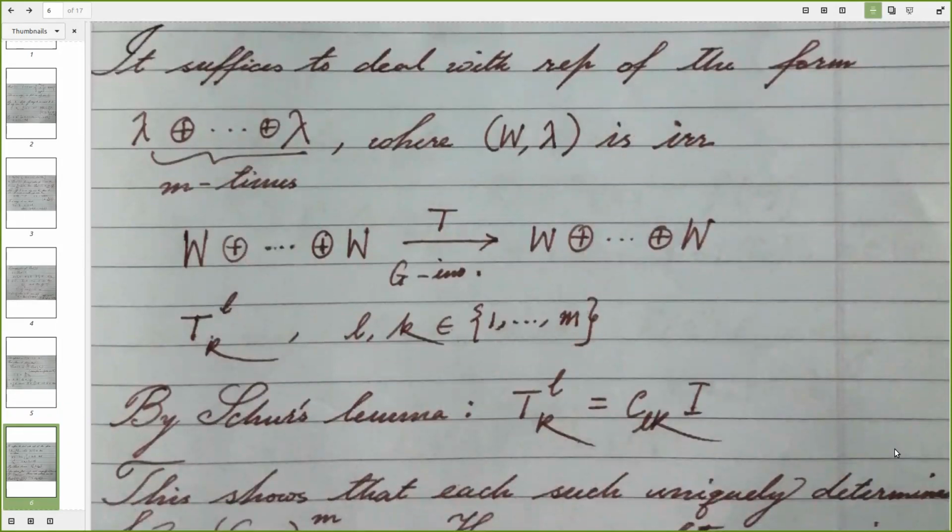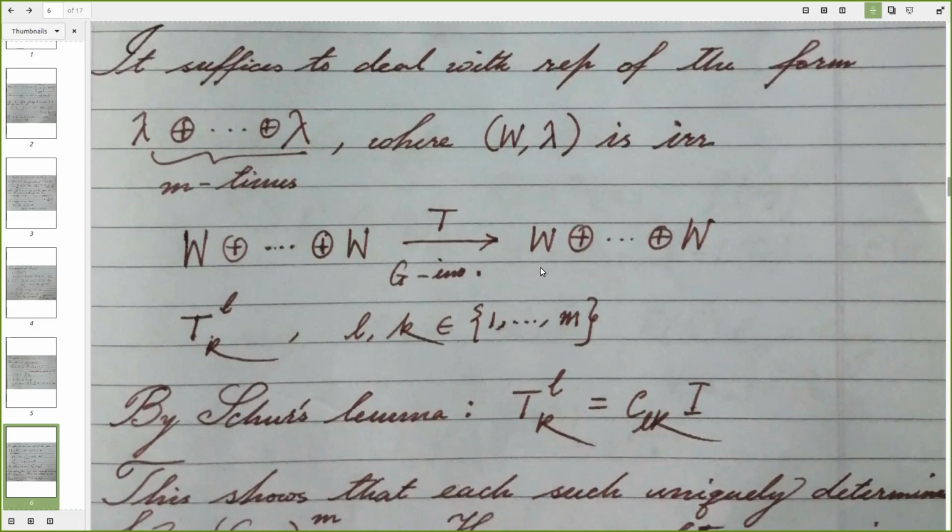So now let's take a G-invariant map T from m copies of W to itself. As earlier, we will define T_lk. Let me remind you how it is defined.